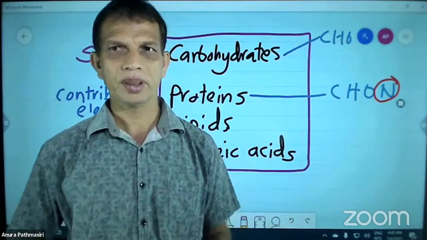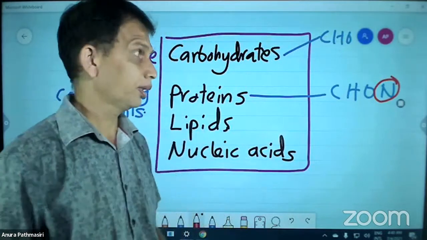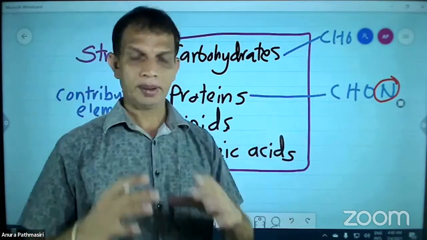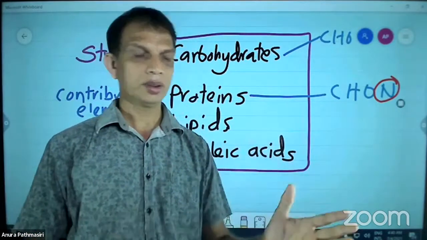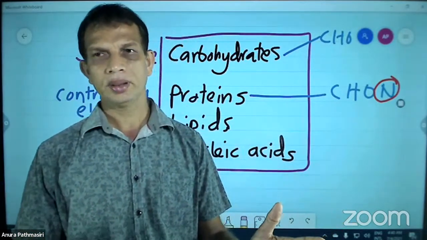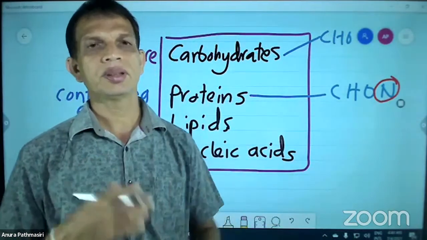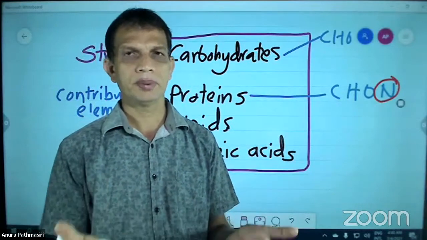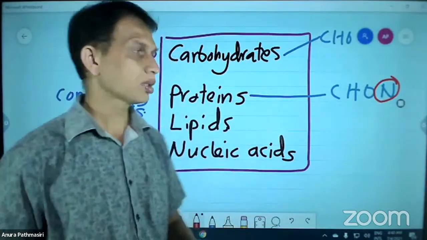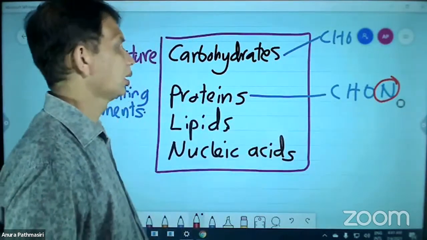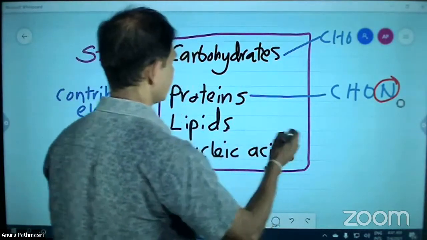I'm just reminding you of what you have learned in grade 11. Then the amino acid is broken into the amino part and the glucose part. That amino part combines with carbon dioxide and makes the nitrogenous waste. The main reason for the nitrogenous waste is the nitrogen in the proteins, the amino acids.